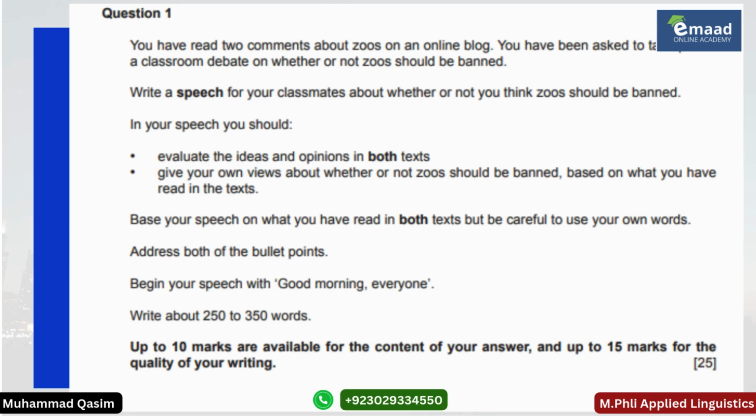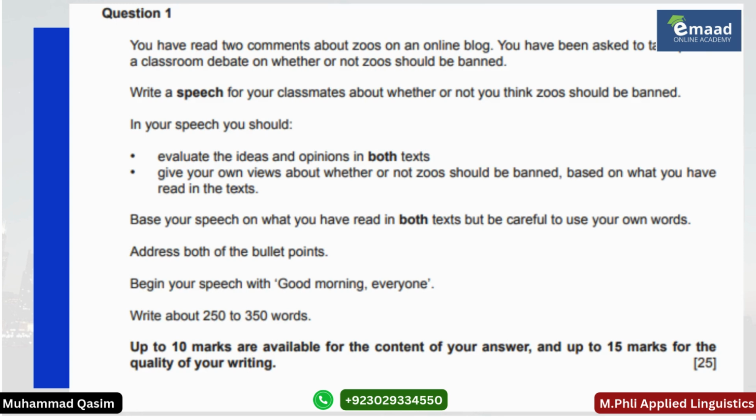Instead, the main thing that Cambridge examiners would be expecting from you is the evaluation of the ideas. So make sure that you have well understood the arguments, ideas and opinions in both texts, and that you have not missed any point without evaluation or analysis.